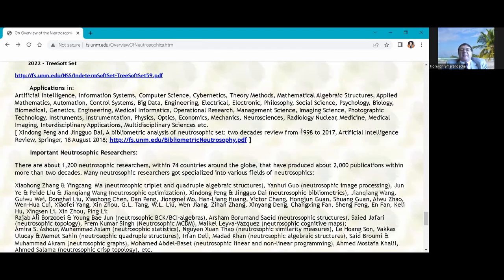They present the applications from 1998 to 2017 and show the applications in artificial intelligence, information systems, computer science, cybernetics, theory, methods, mathematical, algebraic structures, and so on, mathematics, engineering, big data, operational research, mechanics, neuroscience, radiology, nuclear, medicine, interdisciplinary, and so on.